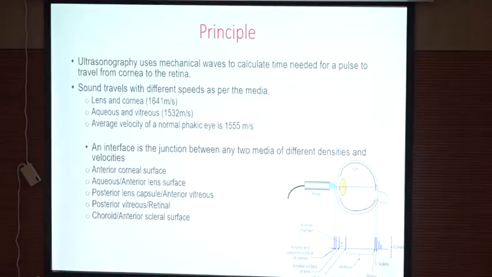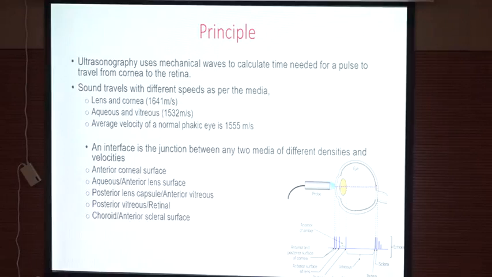So what is the principle of A-scan? It uses mechanical waves to calculate the time needed for a pulse to travel from the cornea to the retina. Now sound travels with different speeds as per the media, and the interface is the junction between any two media of different densities and velocities.